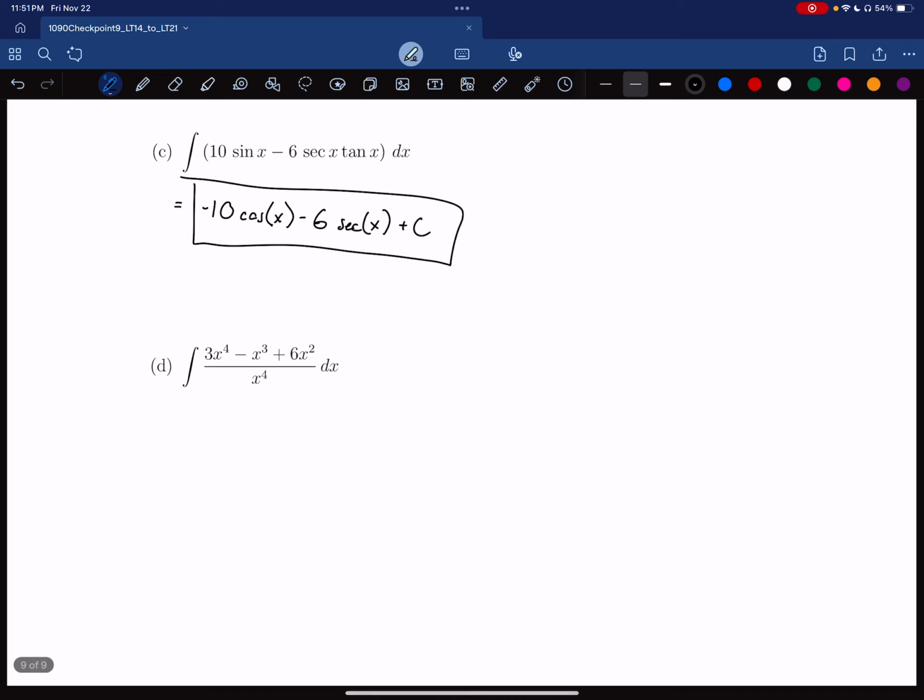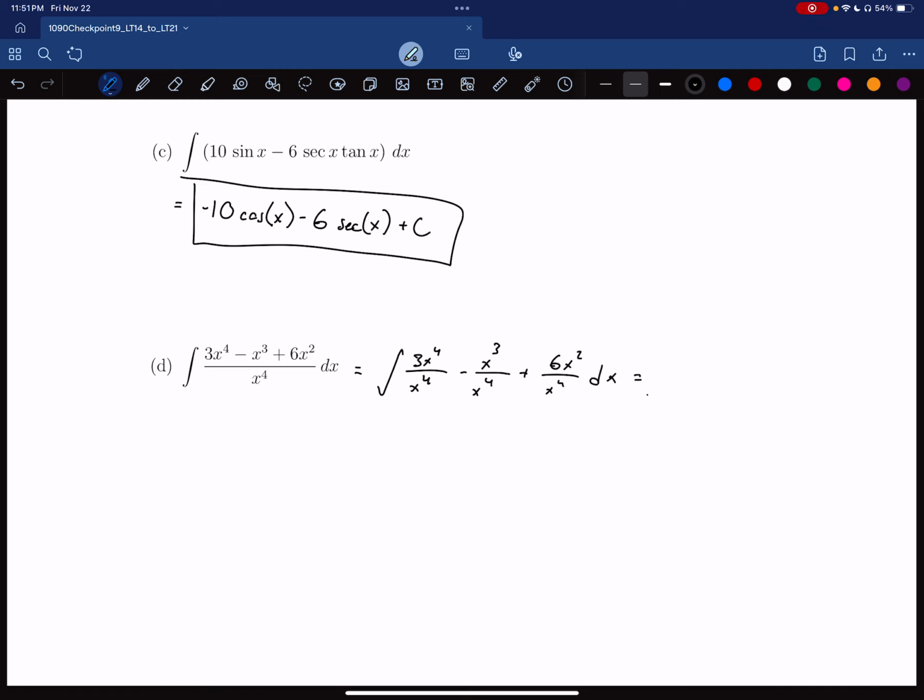Now I'm dealing with a fraction in D, but I don't think there's really a quotient rule to use. But fortunately, there's only one term in the denominator. So what I can do is rewrite this by dividing each term in the numerator by the denominator. So I'll have 3x to the 4th over x to the 4th minus x cubed over x to the 4th plus 6x squared over x to the 4th dx.